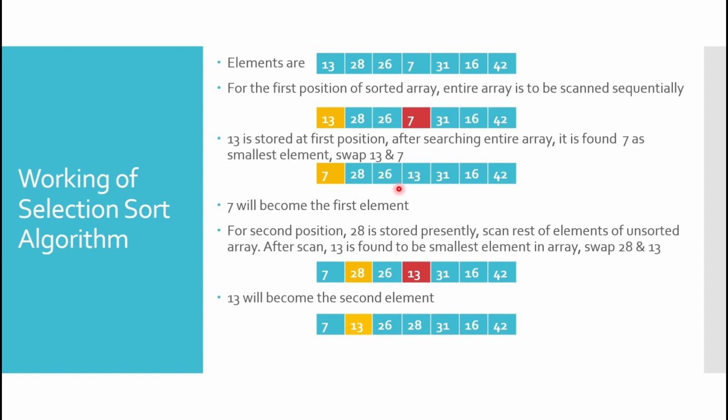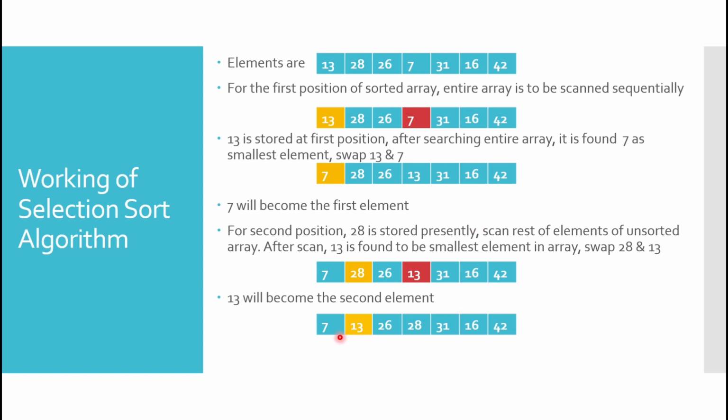This iteration is going to continue till the end of the array, checking the numbers. Once the unsorted array loop has ended, then I will swap the numbers. So now I am going to swap the numbers 28 and 13. So the second element now is 13.